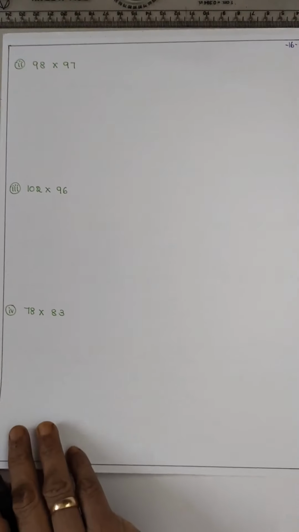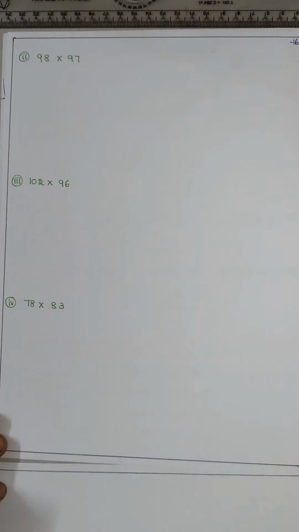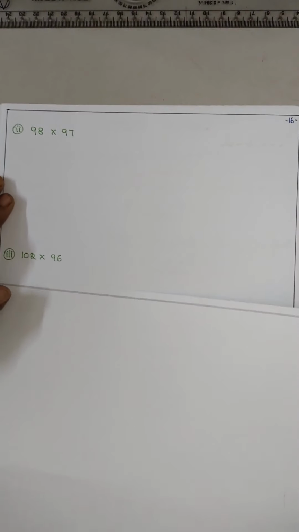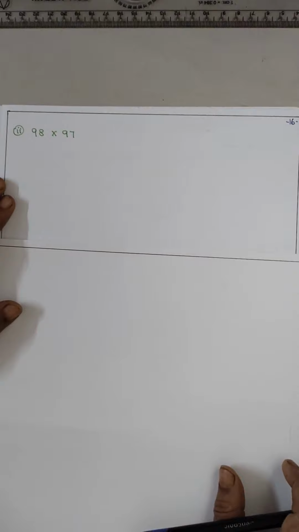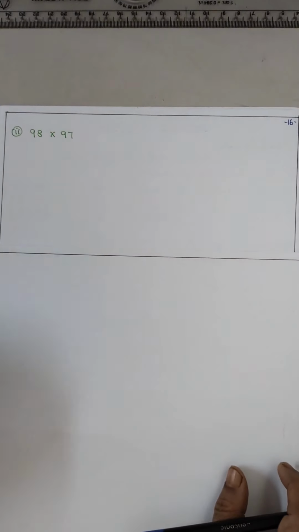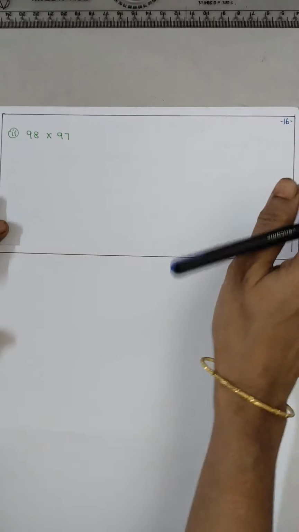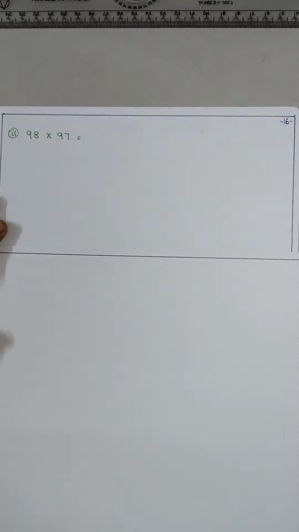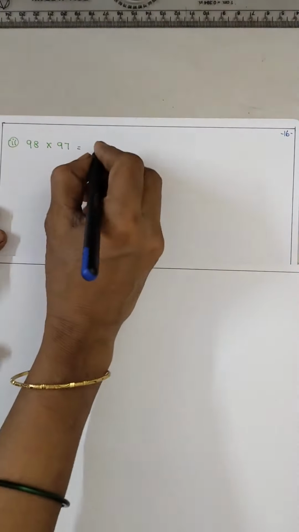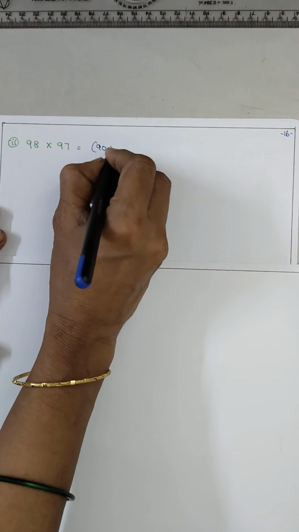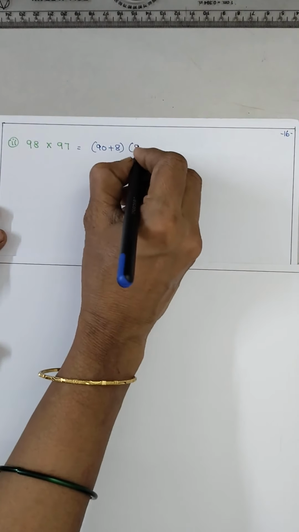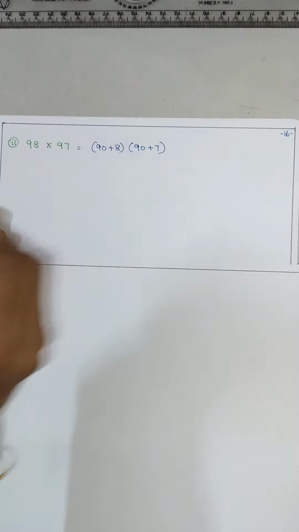Now coming to the question number 2, it is 98 into 97. 98 into 97 can be written as how? 90 plus 8 and 90 plus 7.